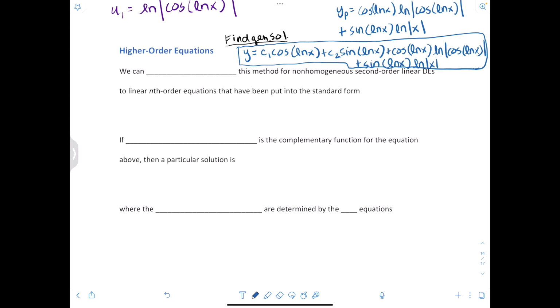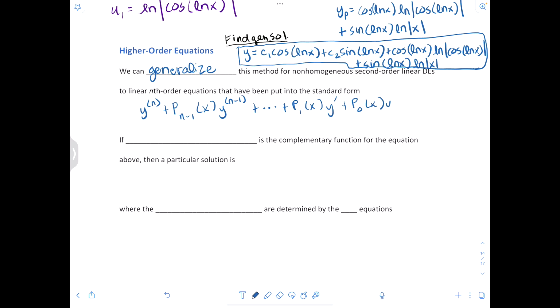So we can generalize this method for non-homogeneous second-order linear differential equations to linear nth-order equations that have been put into the standard form, the nth derivative plus some p sub n minus 1 of x times the n minus first derivative of y plus dot dot dot plus p1 of x y prime plus p0 of x times y equals some f of x.